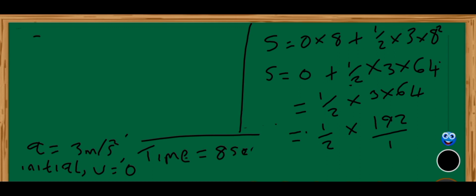So 192 divided by 2 will give us 96 meter. So 96 meter is our final answer.